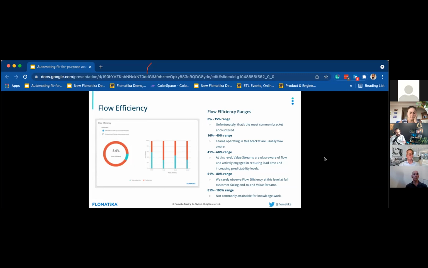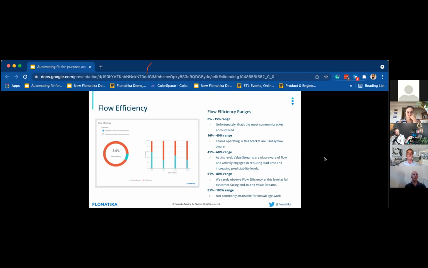16 to 40%, usually when we go to that range, teams become flow aware, right? So usually they have something. Now I know what the expectation is. We are trying to meet that expectation, the lead time service level expectation. We know that most of the lead time is made out of delay.